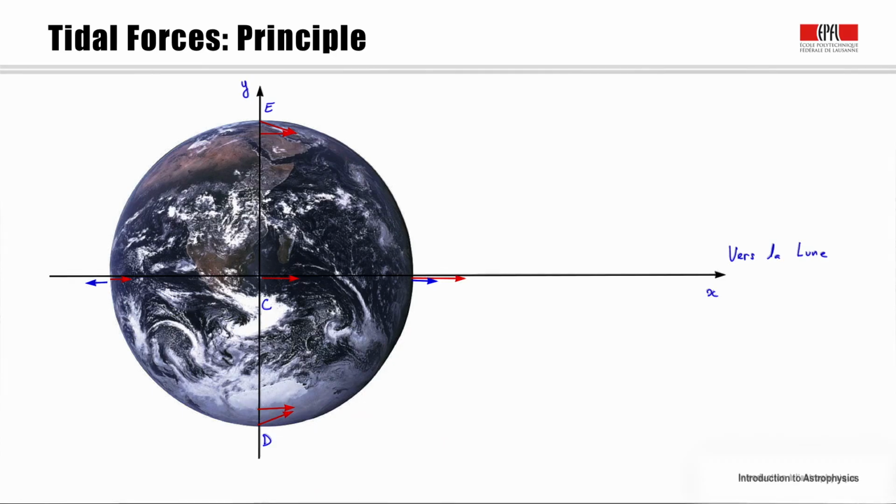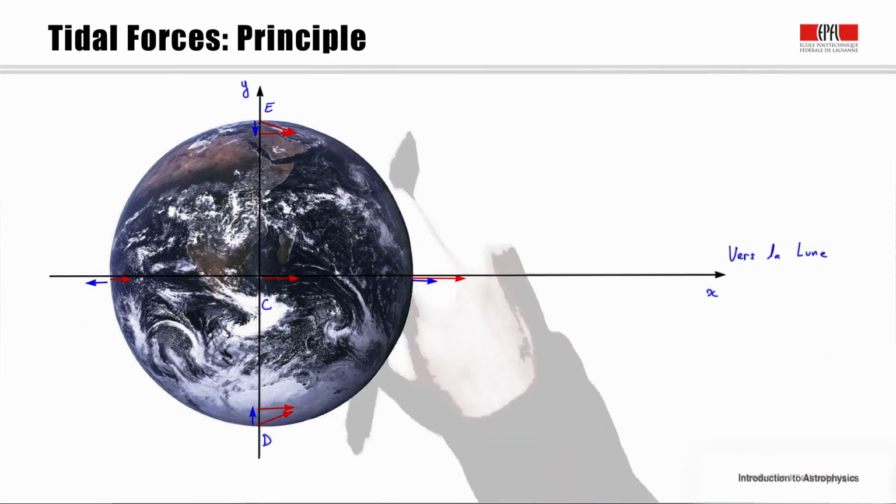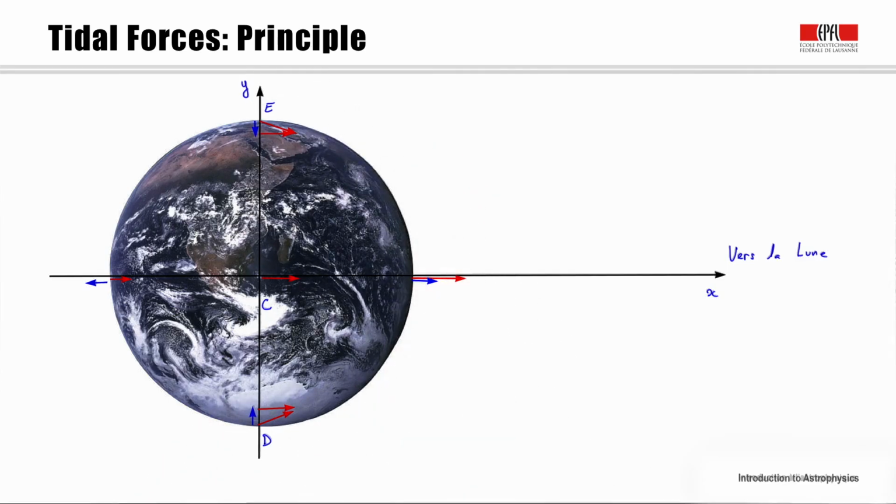The gravitational field of the Moon at point D minus the same at C, as it was shown on the previous slide, the resulting vector only has the y component of the gravitational force of the Moon at point D. The resulting vectors can be represented like this. The Moon influences the Earth in such a way that the Earth is stretched in the Moon's orbital plane and then crushed in the direction perpendicular to the Moon's orbital plane. The Earth is flattened.